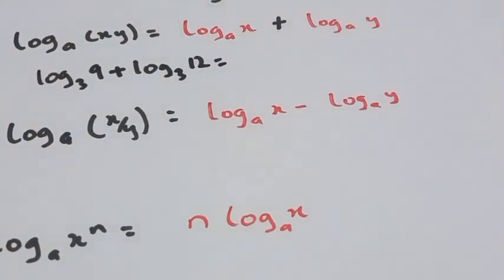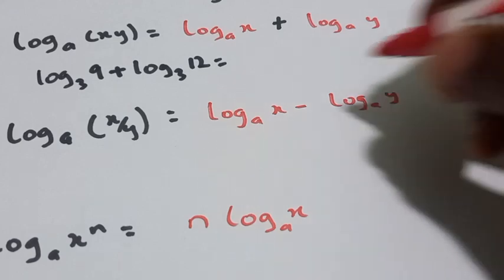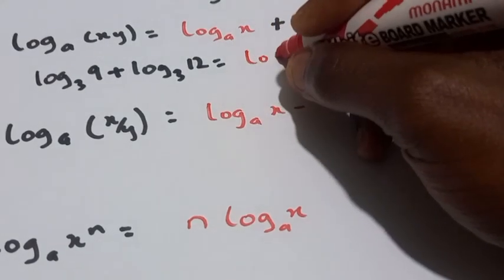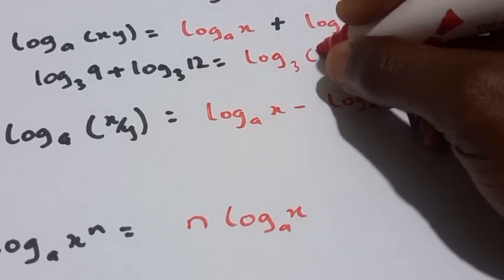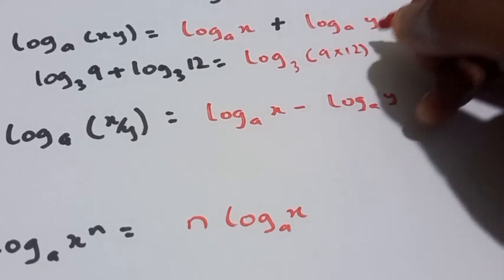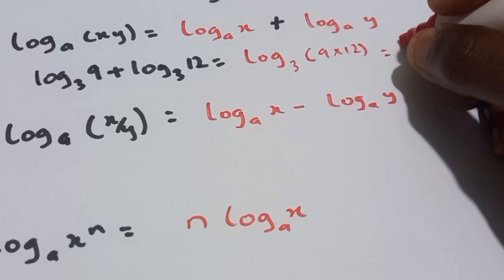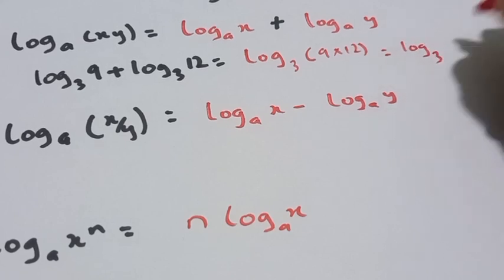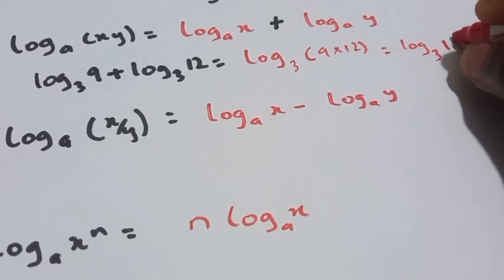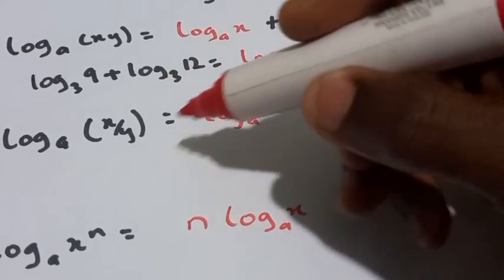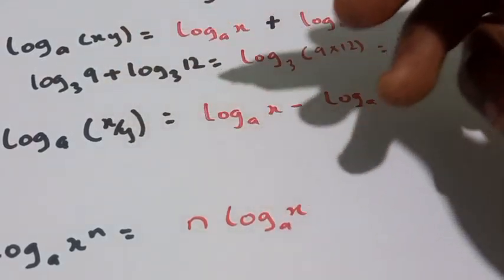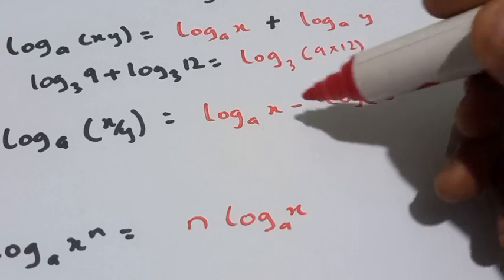In solving this, you just come here, log 3, they multiply, that's 9 times 12. Same for this rule, that is x on y, that is subtraction.